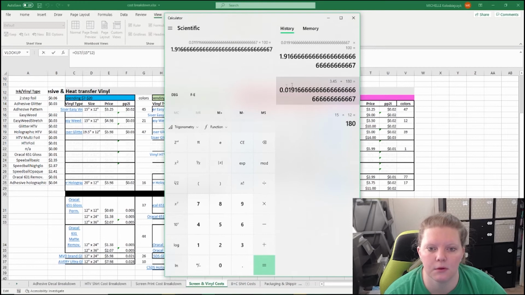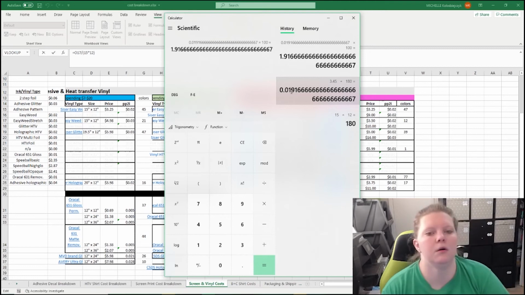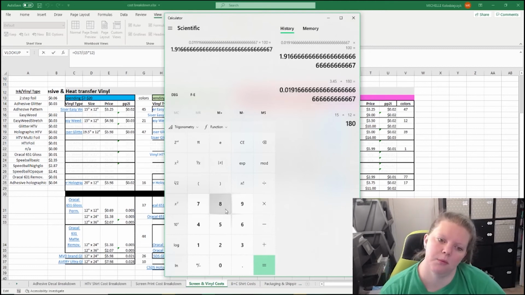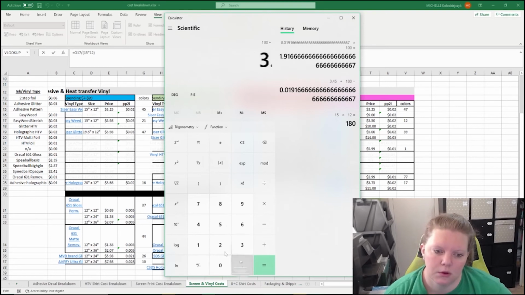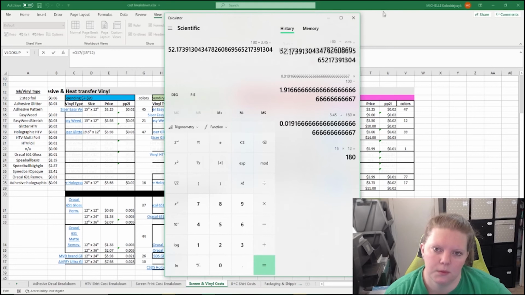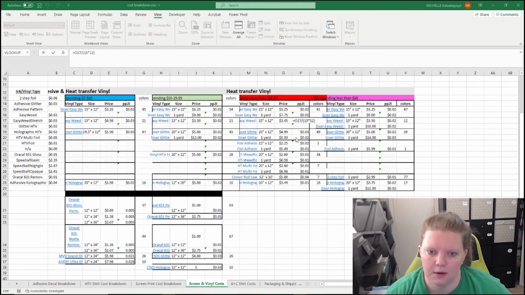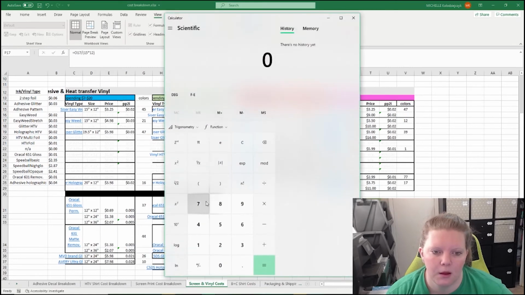Let's try it again. 15 times 12. So 345 divided by 180.